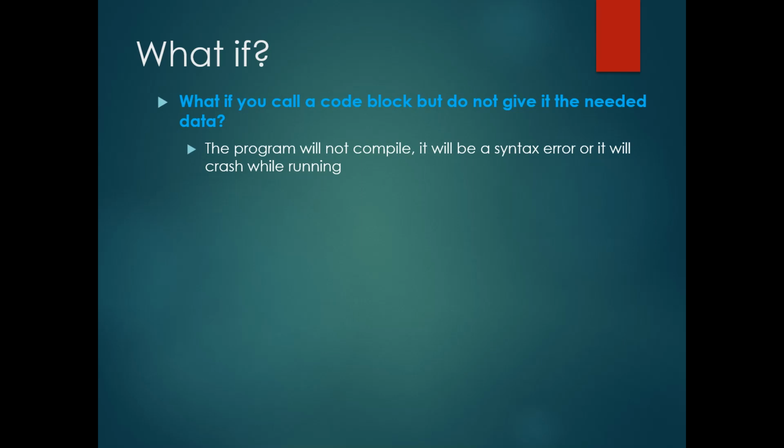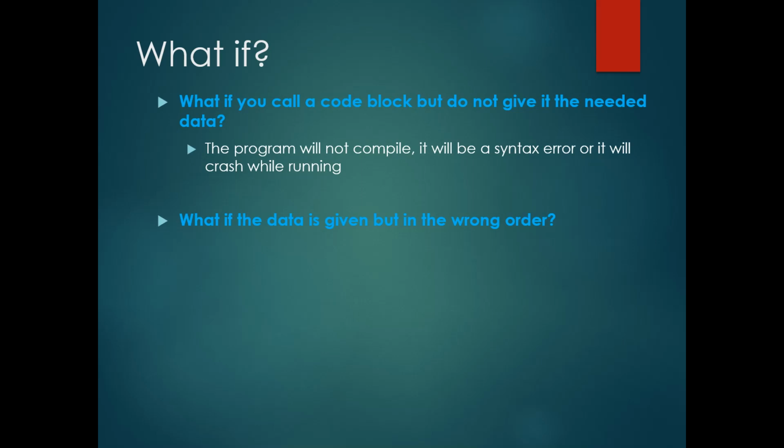All right, next what if? What if the data is given but in the wrong order? So let's go to that Math.pow operation for a second. If I call Math.pow(2, 3), that means I have a base of 2 and an exponent of 3. So that's 2 to the third power, which gives me an 8. What if I accidentally mix it up, and I wasn't sure which order they go in, and I accidentally put 3, 2? Well, that's a base of 3 and an exponent of 2, so 3 squared.